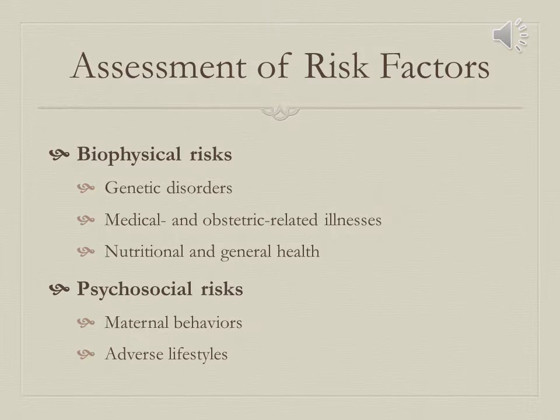In looking at your mom, what is her medical or obstetrical history or related illnesses? Does she have chronic hypertension? Is she gestational hypertension? Is she preeclamptic? Does she have a pre-existing cardiac issue? Is the pregnancy she's carrying a multiple gestation, twins or triplets?